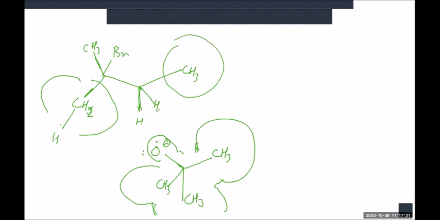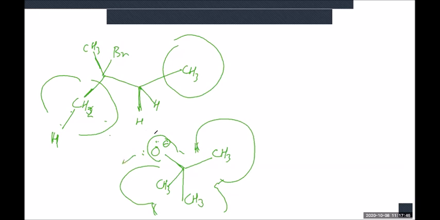So these two methyl groups make it difficult for this base to approach. There's a repulsion between these two. If you attack this other hydrogen, there's not so much interference from nearby alkyl groups.